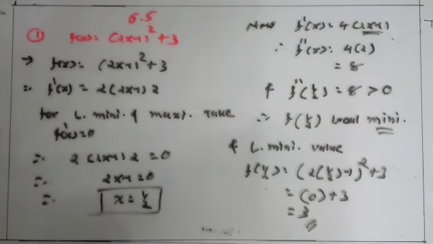If the second derivative at a given value of x is greater than 0, then the function has a local minimum at that point x, and if the second derivative f double dash x is less than 0, then it becomes a local maximum at the given value of x. Clear?